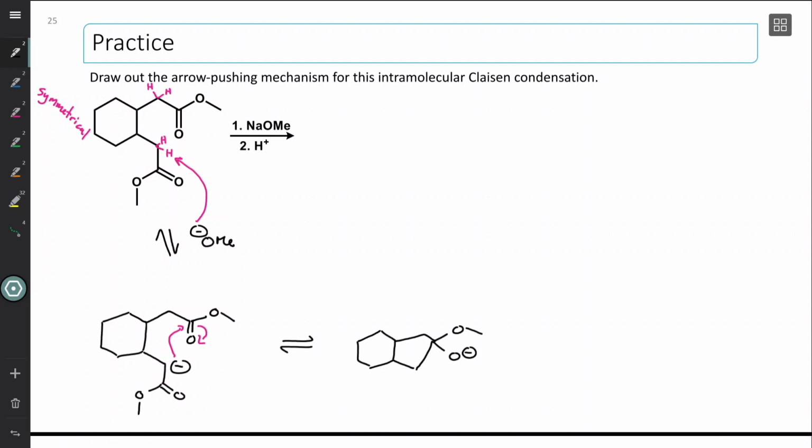It's really ugly, but that's actually it. And then this will come down and boot off that leaving group. Let's draw this a little bit better.